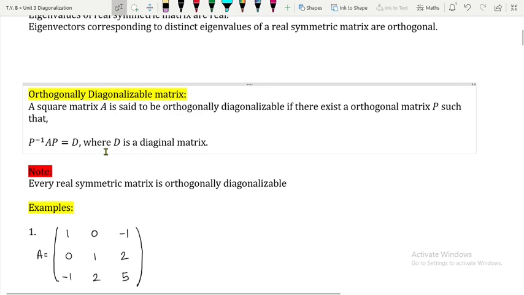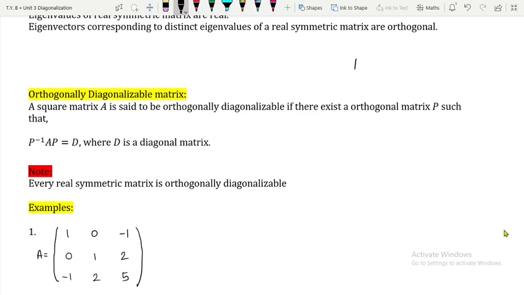I mean A will be orthogonally diagonalizable if A is similar to a diagonal matrix, no doubt about that, but in addition, whatever non-singular matrix exists, that non-singular matrix should be orthogonal. Now what do you mean by an orthogonal matrix? We have already seen the definition. A square matrix is said to be orthogonal if A inverse is equal to A transpose. You already know the determinant of an orthogonal matrix is plus or minus 1.